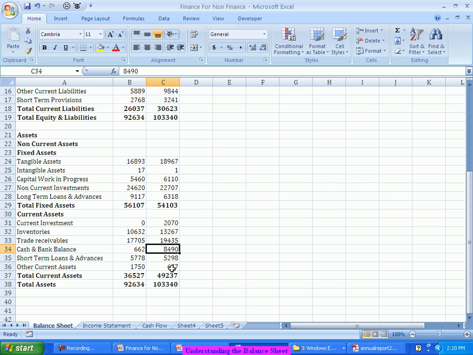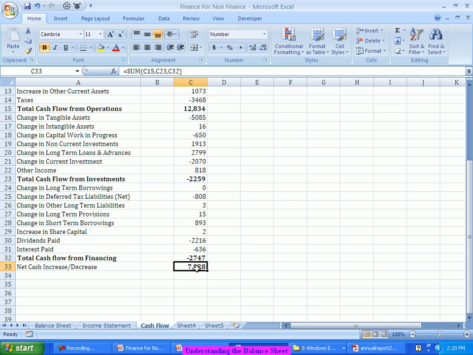That will give me my this year end balance. The last year, 66 crores was there in my account. This year our business has generated around 782 crores. We'll see how it came out. This year the business has generated 782 crores cash.